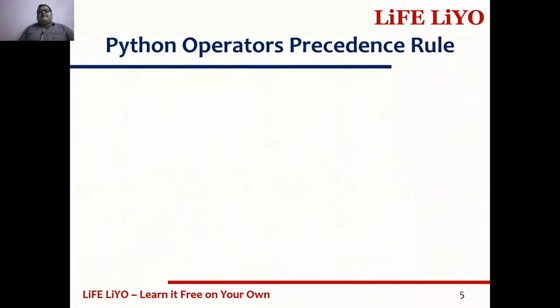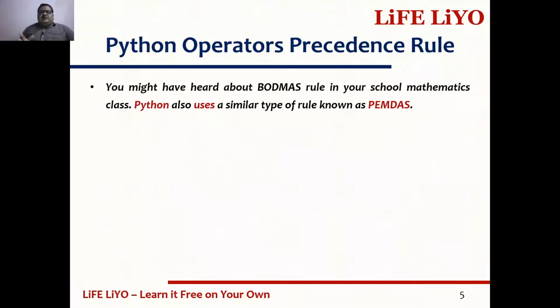Now Python operators precedence rule. So what are the rules followed by the Python operators? In your childhood you might have heard about the BODMAS rule in your mathematics class. Like this, in Python also it follows a rule called PEMDAS. What is this PEMDAS? It is nothing but another name for the BODMAS. But here the name is different.